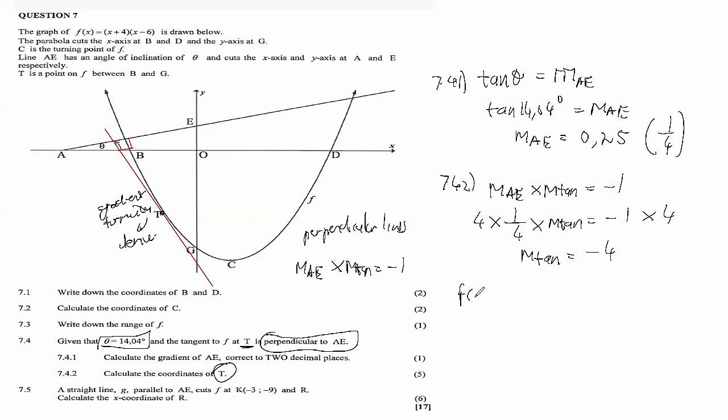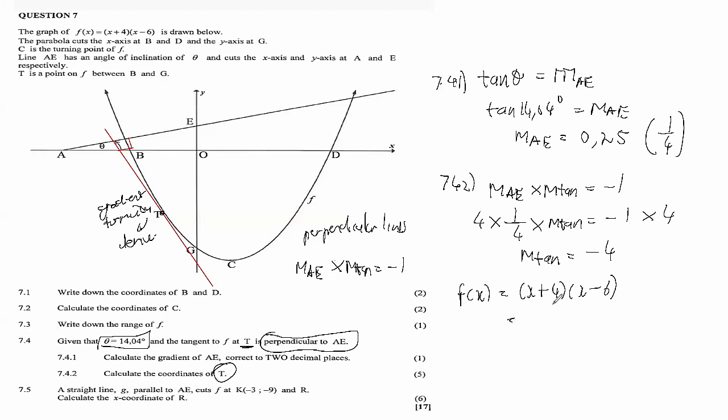We go to the original equation, that's (x + 4)(x - 6). Note the conditions where we get to apply this. We cannot find the equation of the tangent, so no matter what we do, we cannot find that equation. We're only left with the chance of finding the gradient equation.